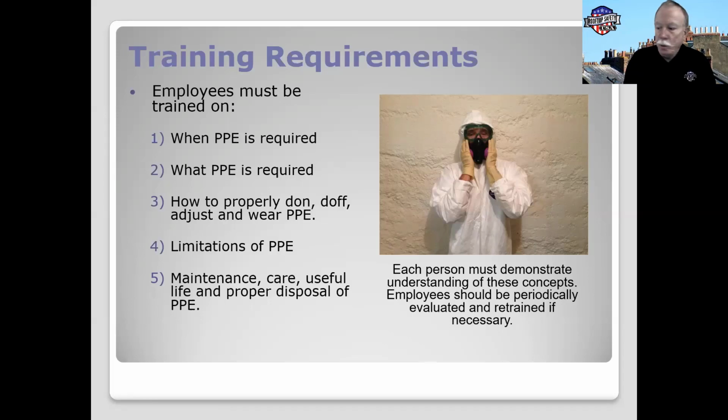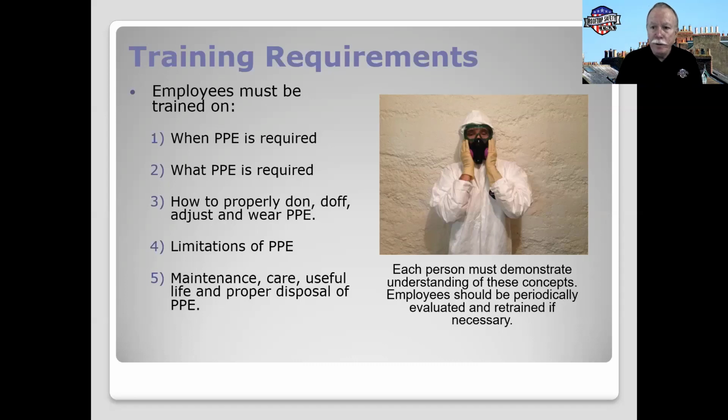And a great source of that information is the product instructions that come with each piece of the PPE. Most of the manufacturers of PPE realize that training is necessary, and they provide that information in their packaging.